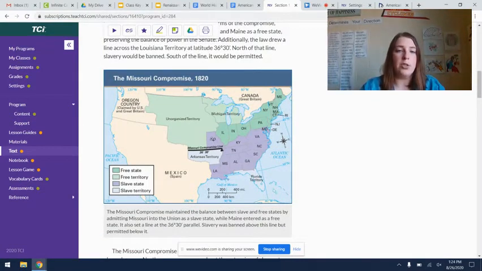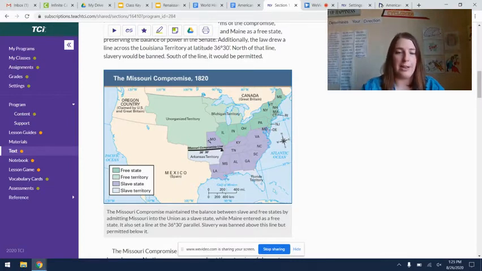So Missouri, going to be a brand new state, is going to be a slave state. And what's decided is below that at 36°30', okay, latitude, anything around this area is going to be slave territory. North of that is going to be free territory.